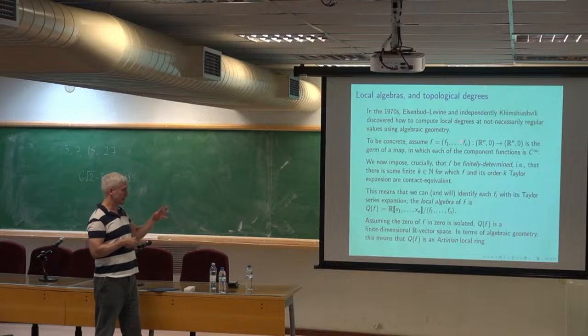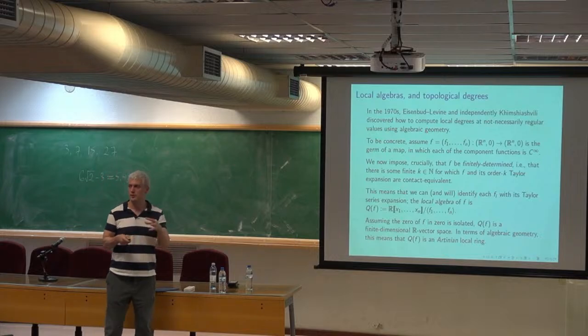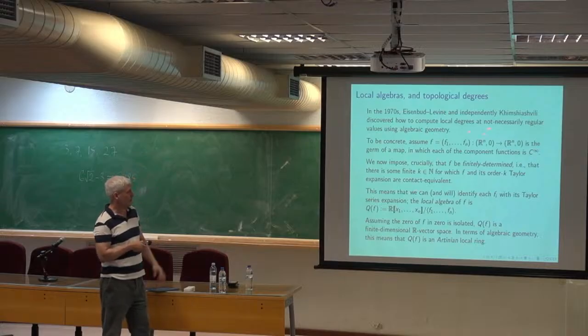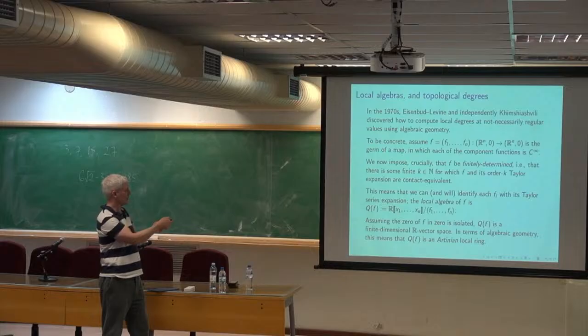So it's at this stage that I hope the algebra students will start to pay attention. To be concrete, let's assume we have a germ of a map, which is just a local instantiation of the map near the origin. We'll assume that the origin is sent to the origin, and that each of the component functions of our map is C infinity.